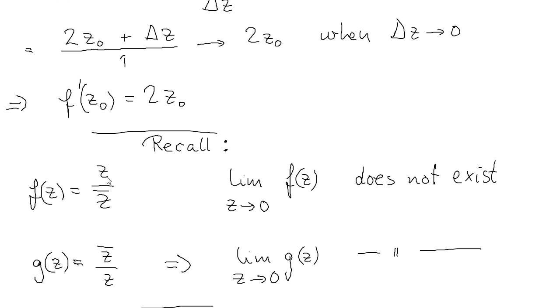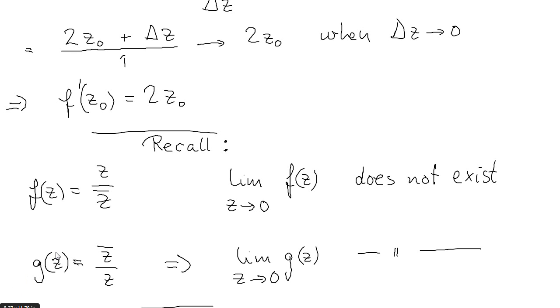Now take another example. Recall that if we take f(z) equal to z over the conjugate of z, then the limit of f(z) as z goes to 0 does not exist, and this we have proven earlier.